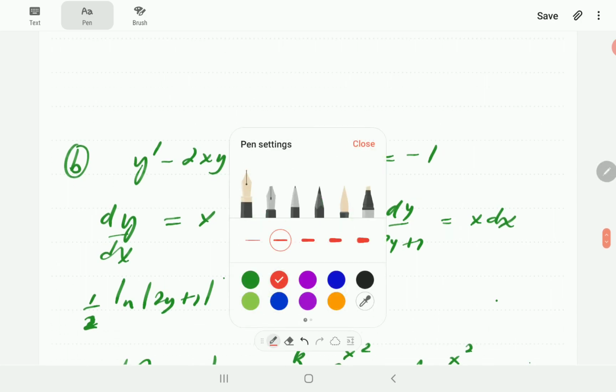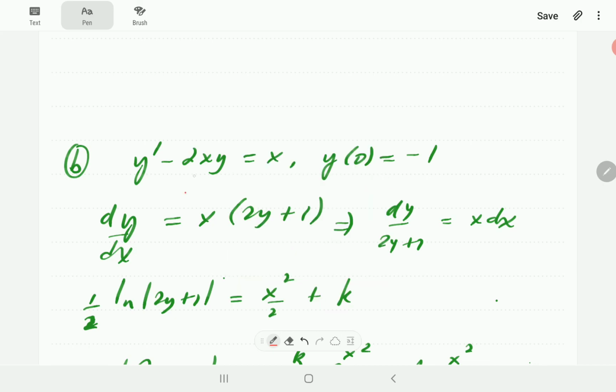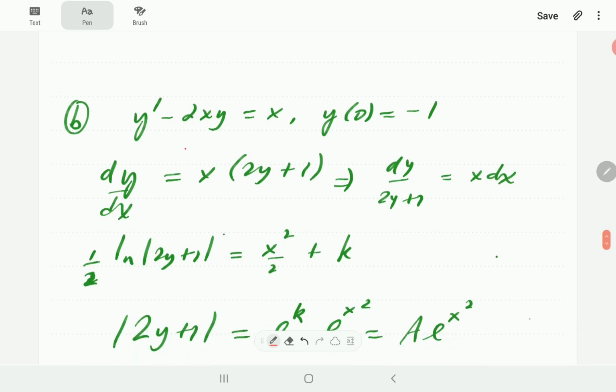So you can see there is an x term this side, and then next term. So if we bring this to the side, we can factorize x, and then we bring the y terms to the one side, and then integrating this gives us x squared over 2.